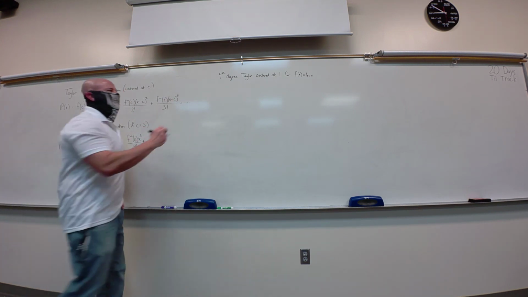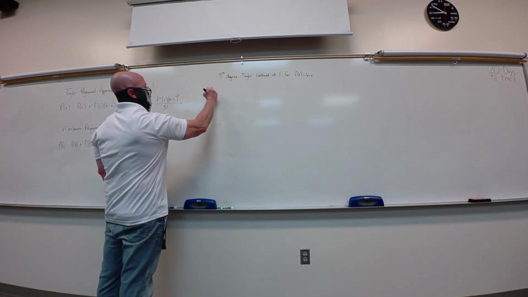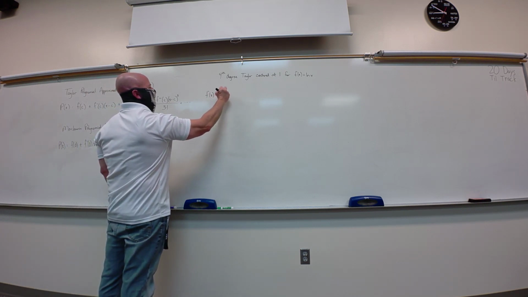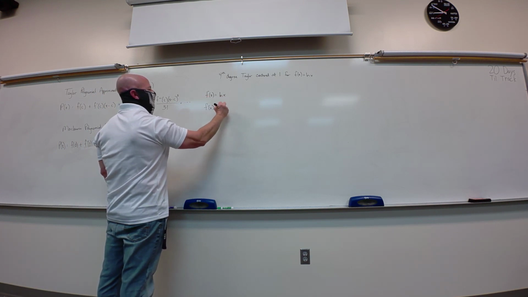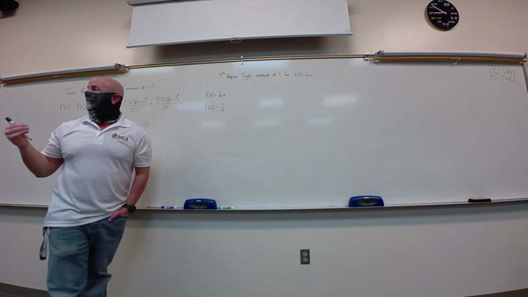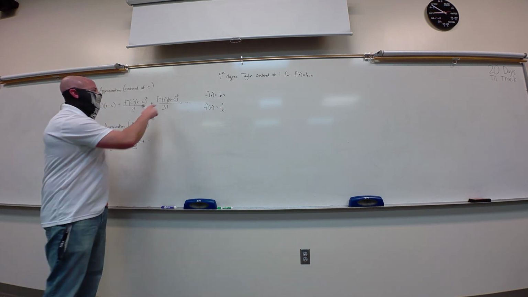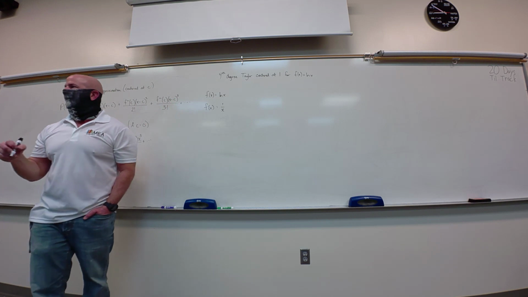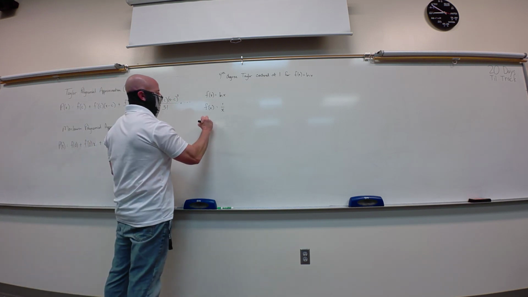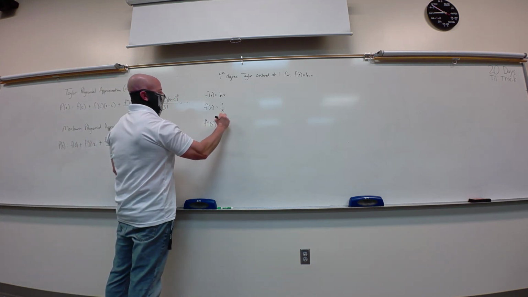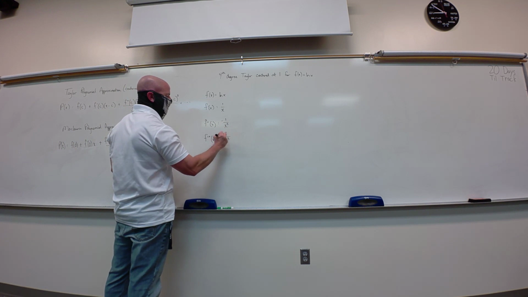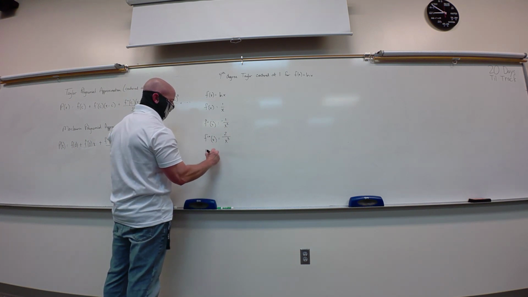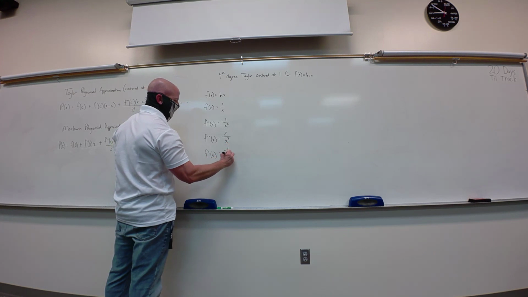So we're going to start with our initial function. f of x, ln x, f prime of x, 1 over x. And we're going to have to go through to that 4th derivative because we need it for that 4th degree. So f double prime, negative 1 over x squared, triple prime, 2 over x cubed, 4th, negative 6 over x to the 4th.